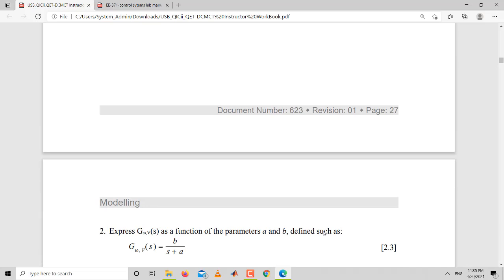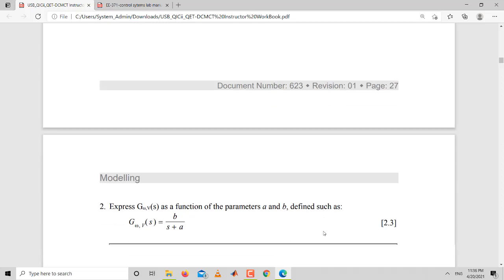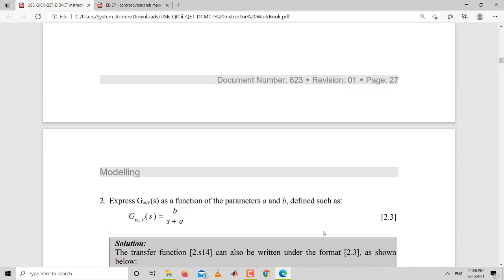The next question is to express the same transfer function as a function of the parameters A and B, which means that we have to manipulate it and represent it in the form of B over S plus A. The first term in the denominator should have S with coefficient 1.